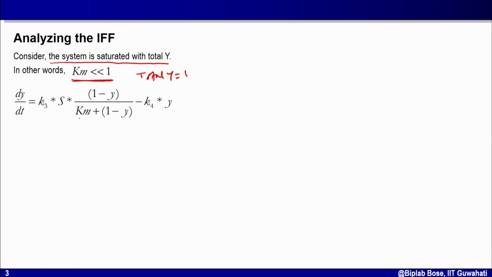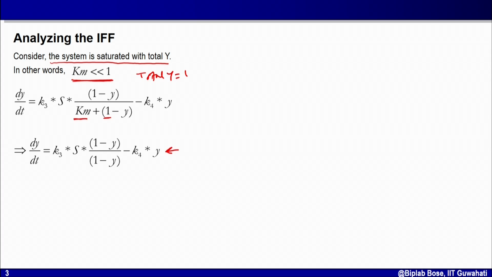What I have considered is Km is much smaller than 1. So if Km is much smaller than 1, then I can remove Km from this new denominator. So that's what I have done. I have removed Km from the denominator, and I get this rearranged ordinary differential equation.